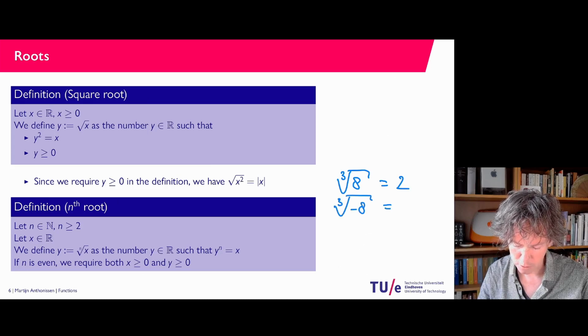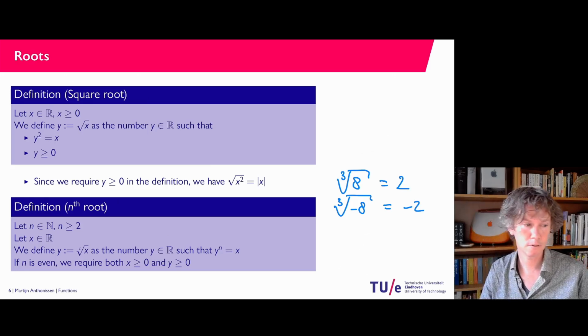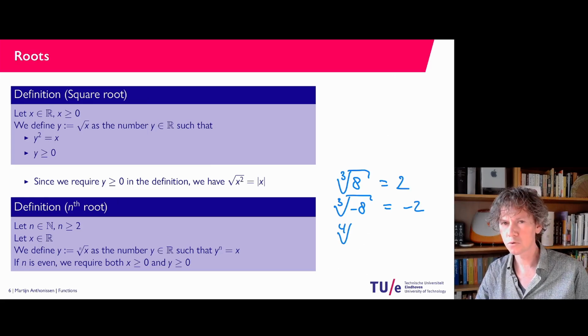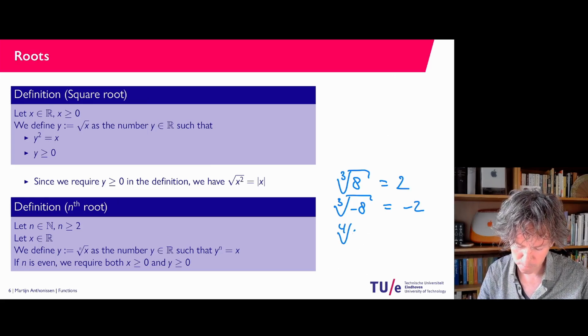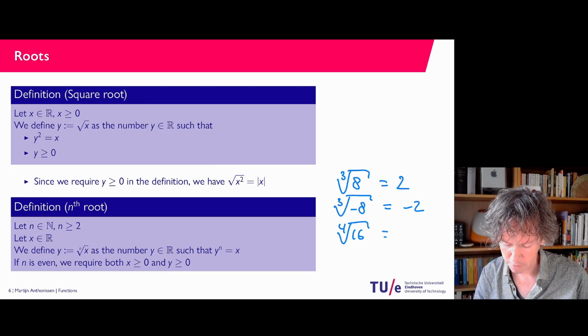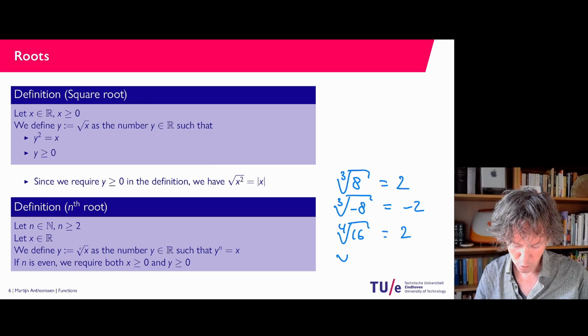For minus 8, you find minus 2, because minus 2 times minus 2 times minus 2 equals minus 8. Then the quartic root, the fourth root of 16, is the number y such that y to the power 4 equals 16, and that is again 2. I pick easy numbers here. And the fourth root of minus 16, that's not defined.